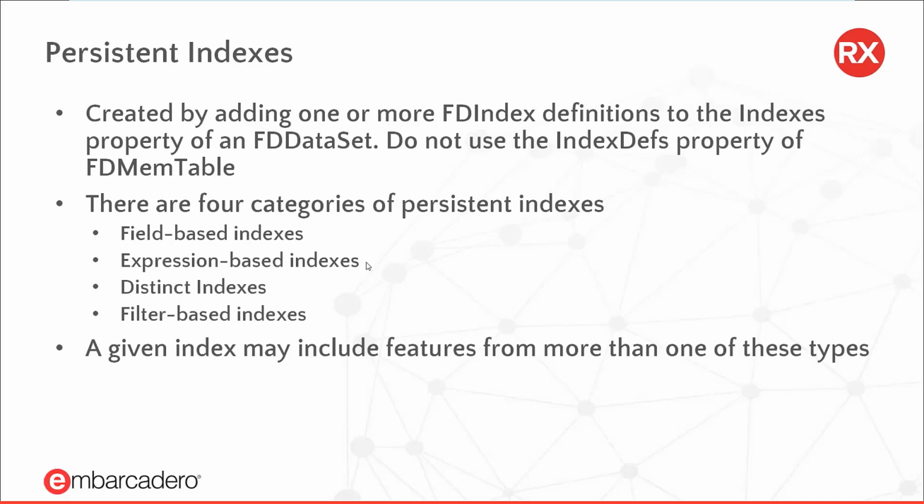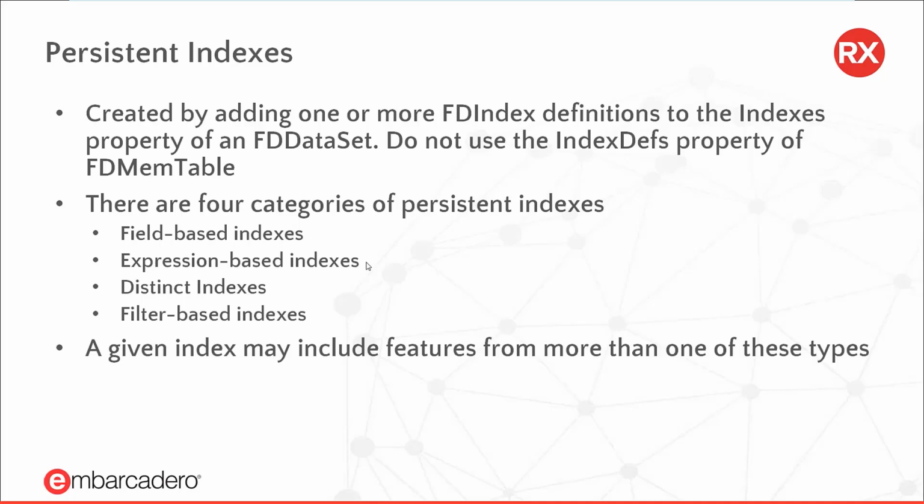There's distinct indexes, which are different than unique indexes. A distinct index will just filter out a data set to show only one combination of the index values, even if there's multiple. So imagine you have a table with addresses, and one of the fields is the state of the address.